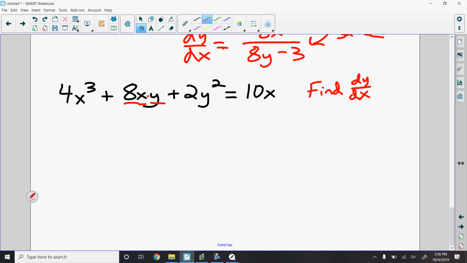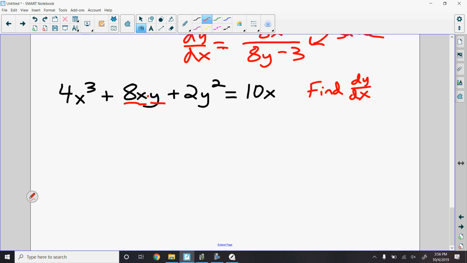So when we do that part of the derivative, we need to use a product rule there. And I'm going to think of the first term as 8x, and the second term as y, when I do the derivative of the first times the second, plus the first times the derivative of the second. Okay, so let's try this one, and maybe this will be our last one for this video.